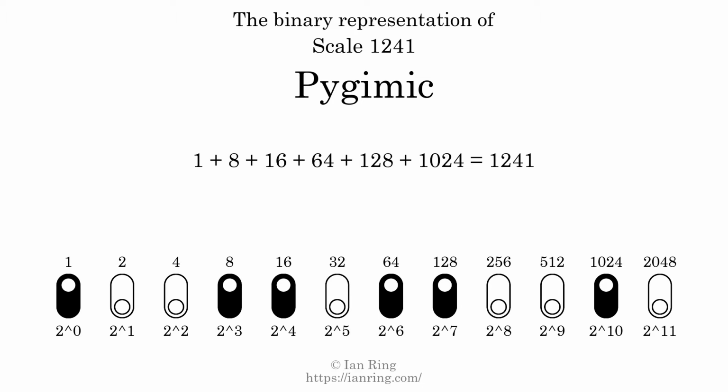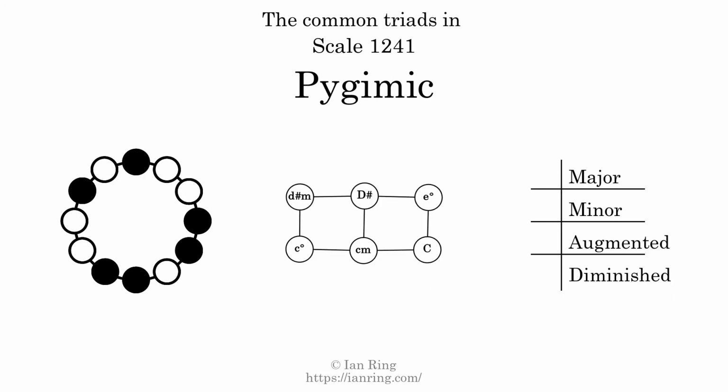That is why the scale number, in decimal, is 1241. The scale number not only enumerates the scale with a unique index, but it also literally describes the tonal content of the scale. Represented as a binary number in base 2, the scale number is 010011011001.